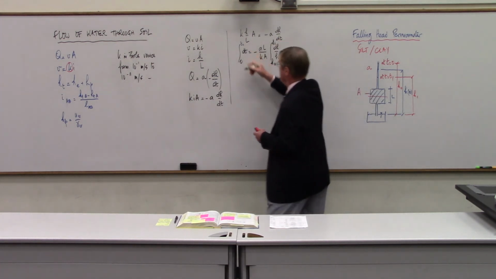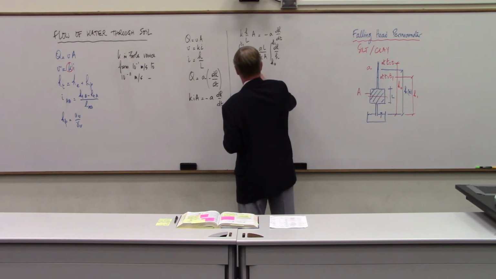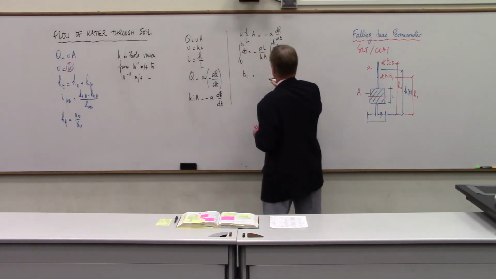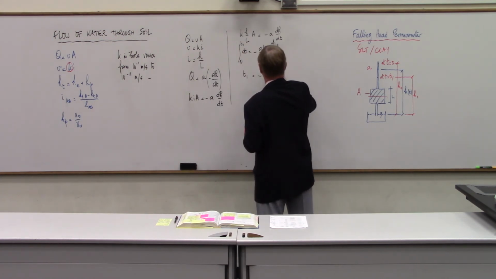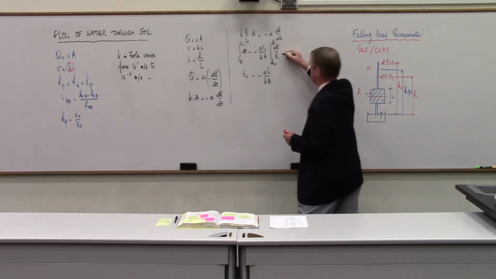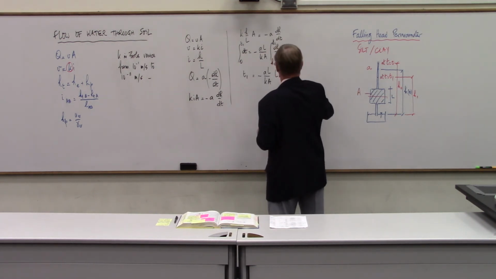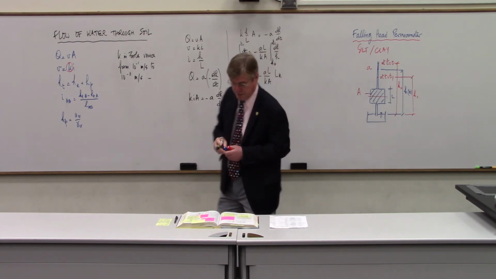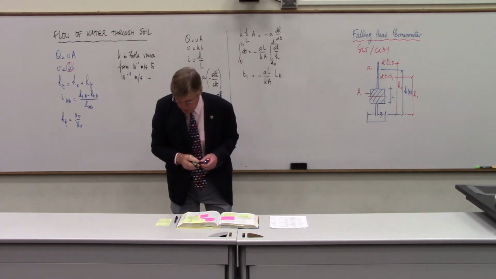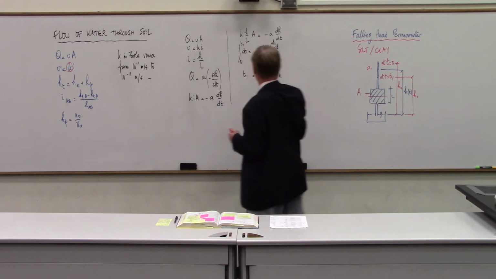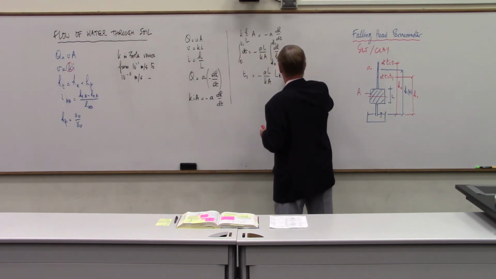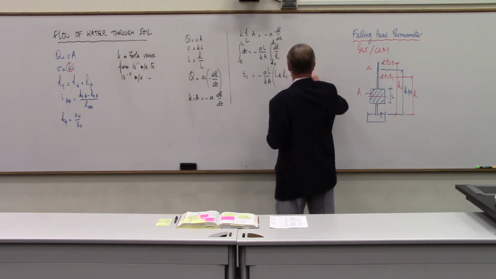So then I've got t1 minus 0, so t1 equals minus AL over KA. This is natural log, so I got natural log of H1 minus natural log of H0.